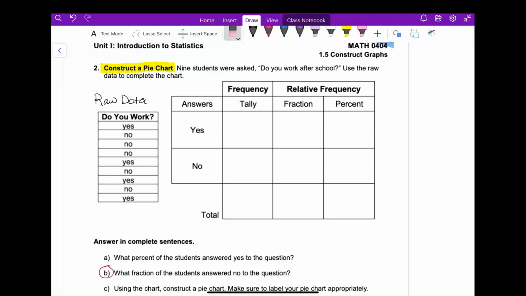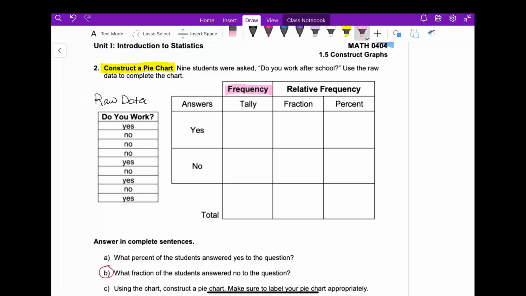What about a fraction? You know this, and a percent. All of these fractions start with a part over a whole, and then from here we would divide, and we make sure we have the percent symbol. All right, so we know what all these things are. Now let's take a look at a little bit above that. Frequency.